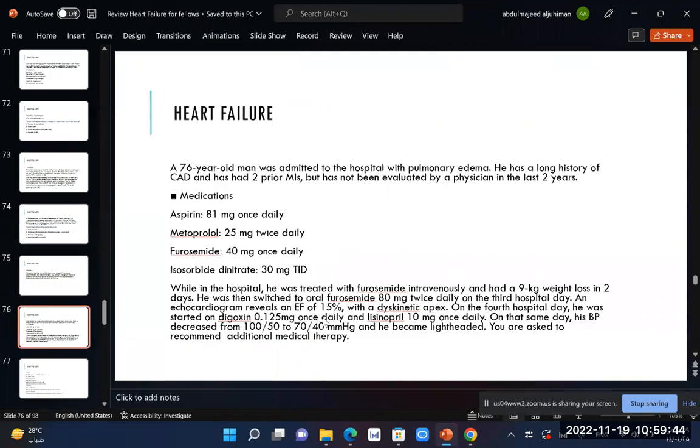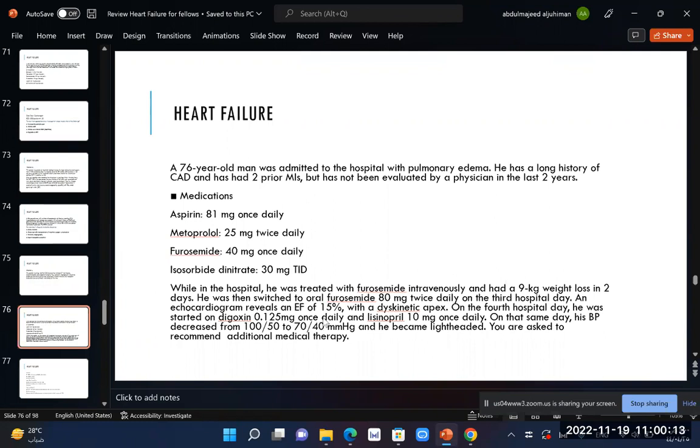Next question, a 76 year old man who was admitted to the hospital with pulmonary edema. He has a long history of coronary artery disease, has had 2 prior MIs, but has been evaluated by a physician for the last 2 years. Medications include aspirin 81 daily, metoprolol 25 twice daily, furosemide 40 mg once daily, and isordil 30 mg TID.